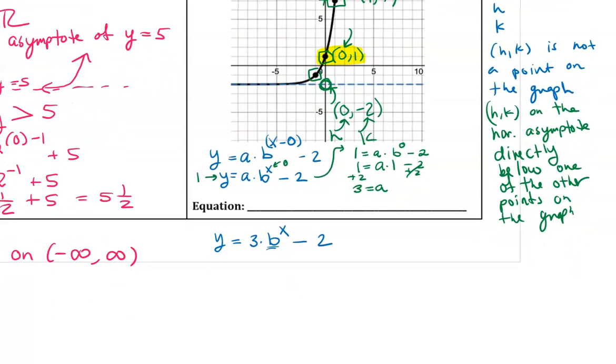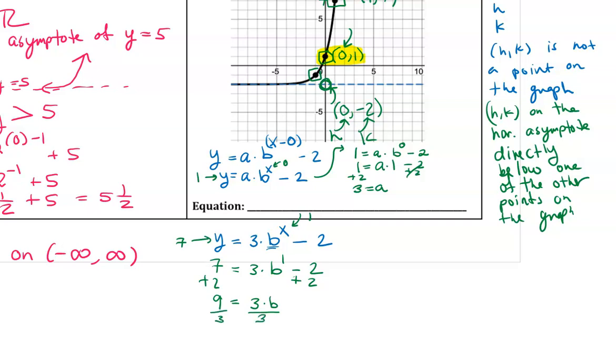So what I will do is plug in 1 right there for x and 7 for y. And then I get 7 equals 3 times b to the power of 1 minus 2. So I'm going to add the 2 to the 7. I get 9. 9 equals 3 times b, because b to the first is b.